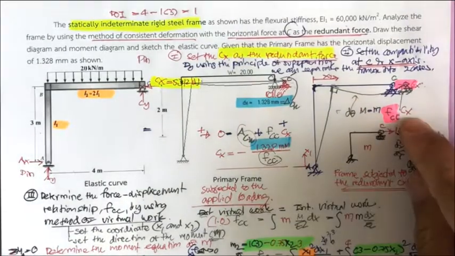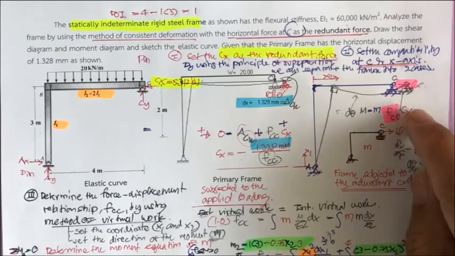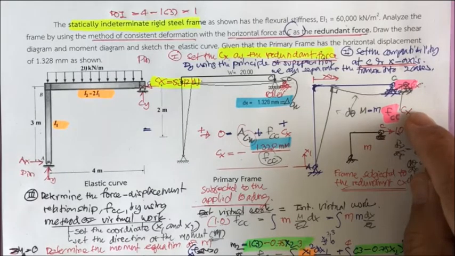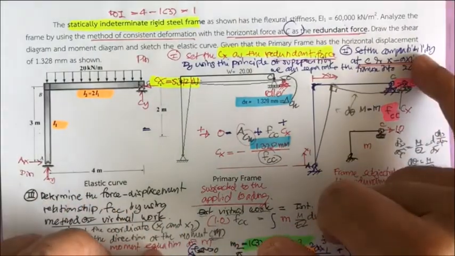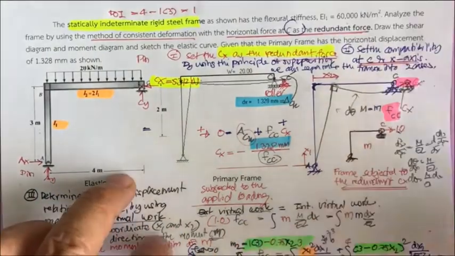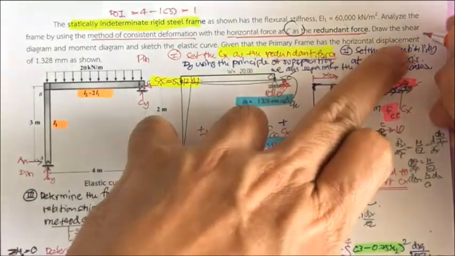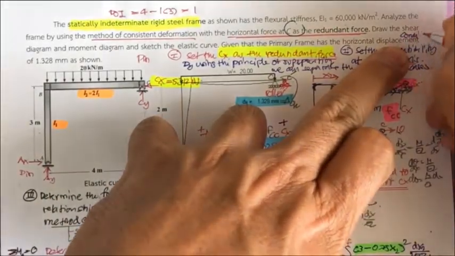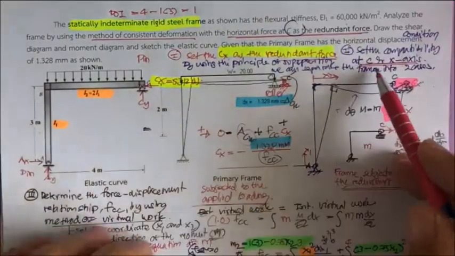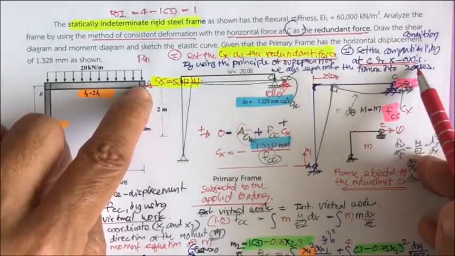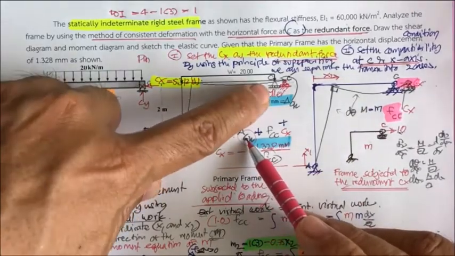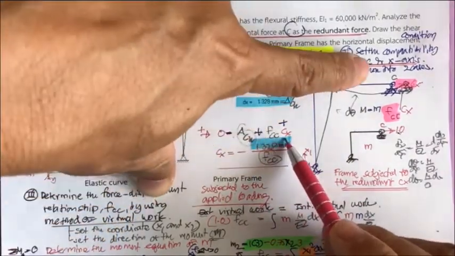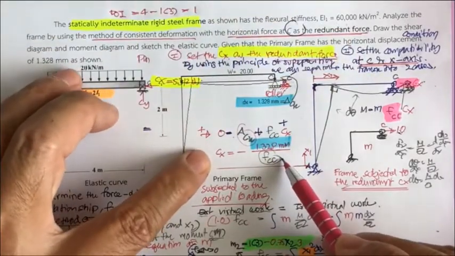And now if we would like to determine the total of this, we have to multiply F sub cc by C sub x, and then from this deformation you may set the compatibility condition or equation at C in the x direction: 0 equals this one plus this one, and then you get the compatibility equation.